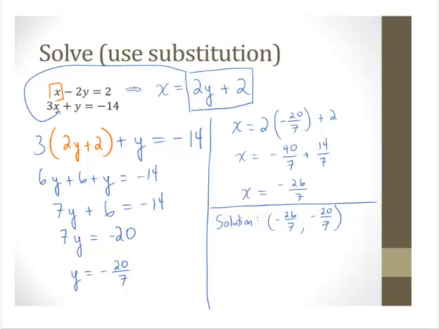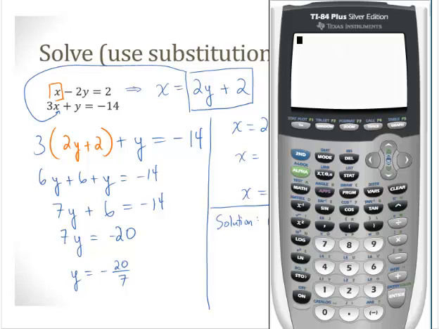Now we should check our work. I'm going to use a calculator for the check just because we're dealing with some fractions here. Negative 26 sevenths, negative 20 sevenths. Alright, so using the calculator, if x minus 2y is supposed to equal 2, then negative 26 sevenths minus 2 times negative 20 sevenths is 2.